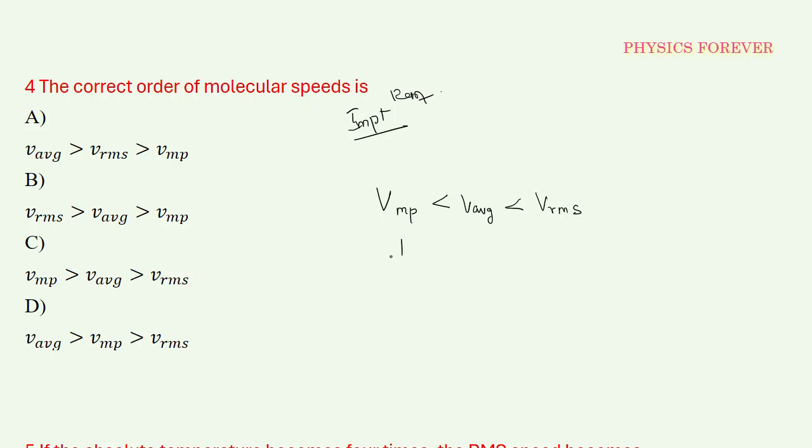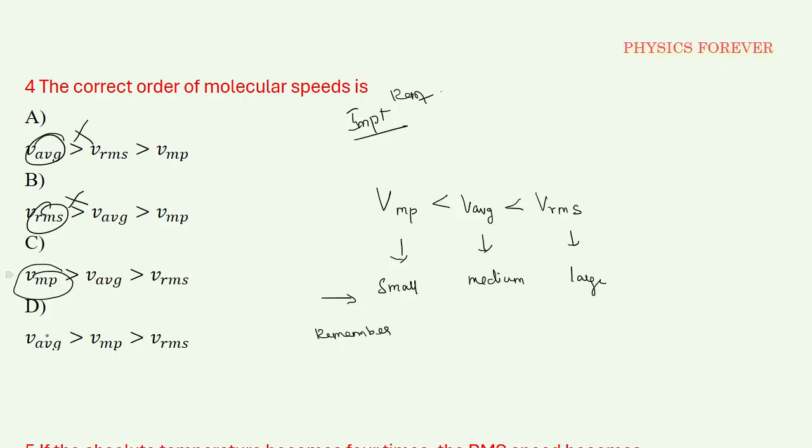So this one is small, this one is medium, this one is larger. This is the order you have to remember, most important. So which one is correct? Here, root mean square comes first, wrong. Here, starting from most probable speed, also wrong. So option C is correct.